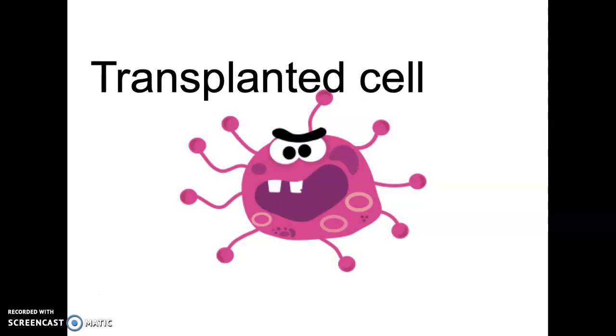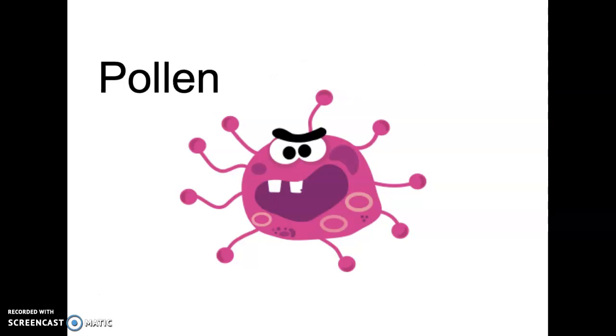It could be a cell from a transplanted organ in your body. Or even something as harmless as pollen, where your body tries to attack it. It's a bad guy. And all of these things have in common the peripheral proteins around them, known as antigens on the outside.